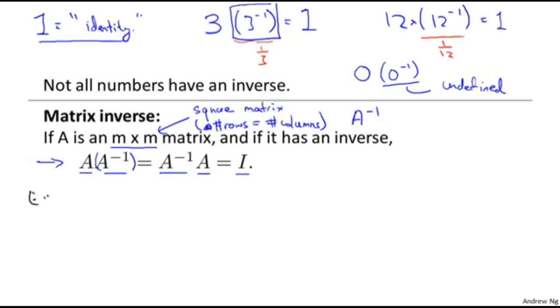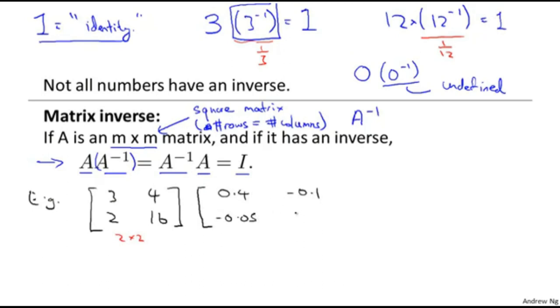So let's say I have a matrix 3, 4, 2, 16. This is a 2 by 2 matrix, so it's a square matrix, and so this matrix could have an inverse. And it turns out that I happen to know the inverse of this matrix is 0.4, minus 0.1, minus 0.05, 0.075.